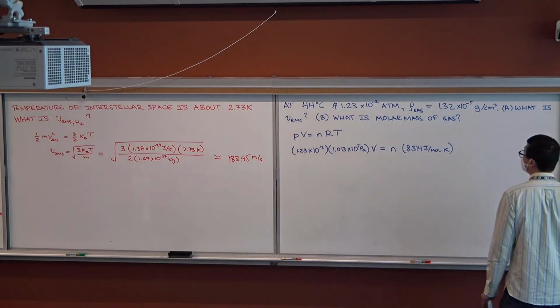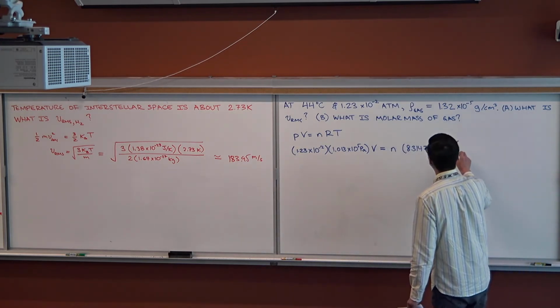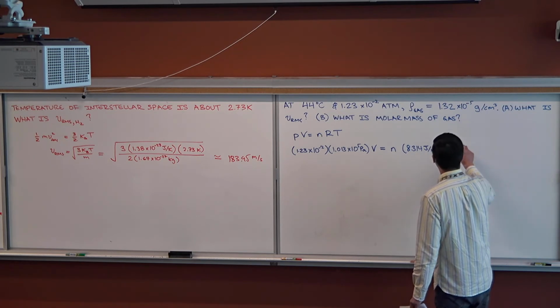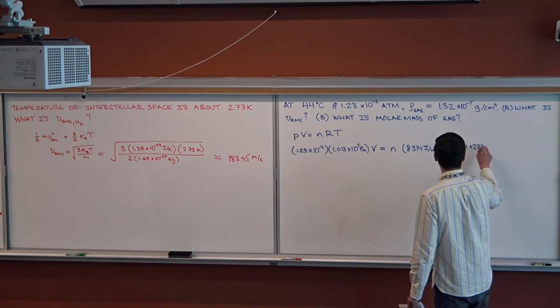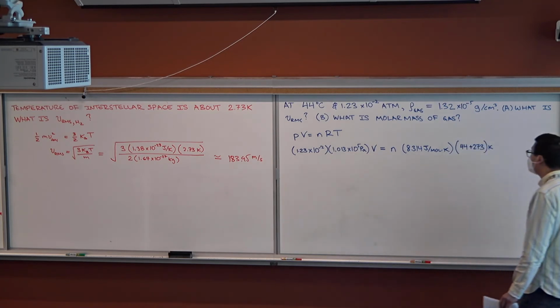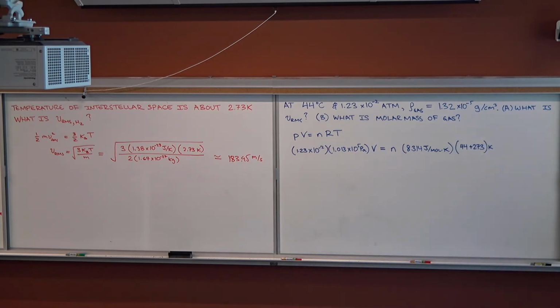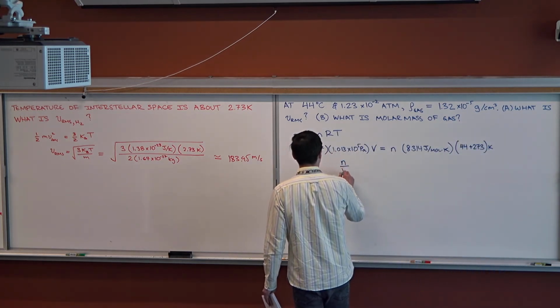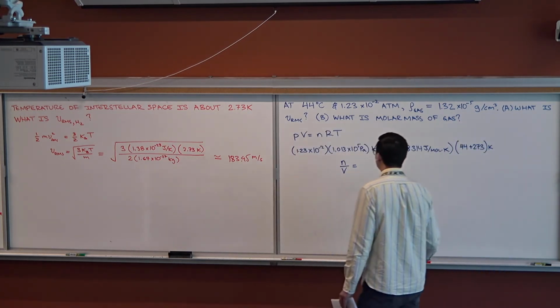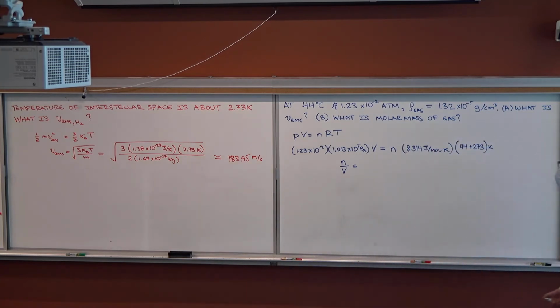R is 8.314 joules per mole Kelvin. Temperature of 44 plus 273 Kelvin. And so now let's see if we can suss out N over V. Let's see where this is going.